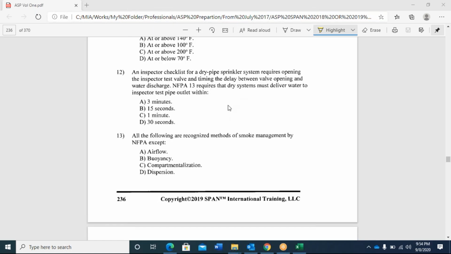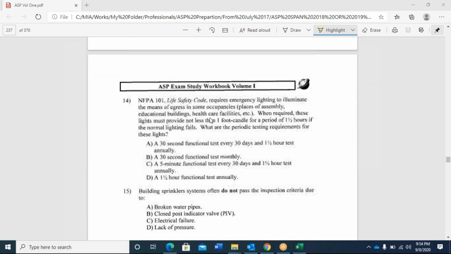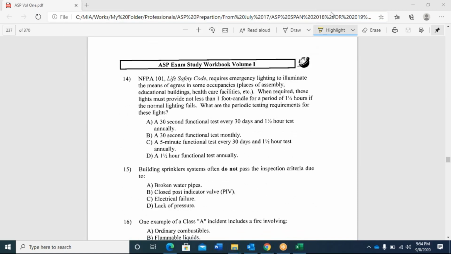Now move to the fourth question, number 14. It is also not discussed. He asked how to test the lighting signals, and what the periodic test requirement is. A is a 30-second functional test every 30 days, or every month, and a 1.5 hour test annually.